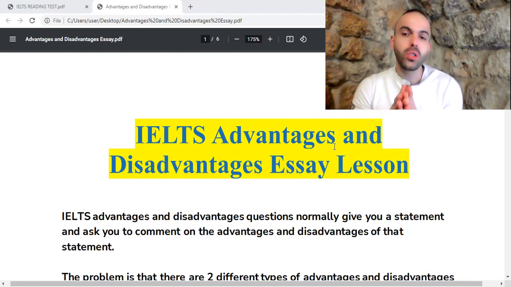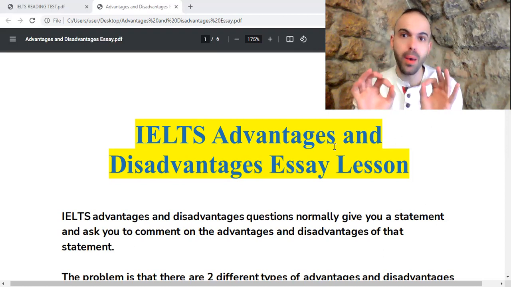Not all IELTS advantages and disadvantages essays actually share the same structure. It's not correct. We have two different types, and I mean it.